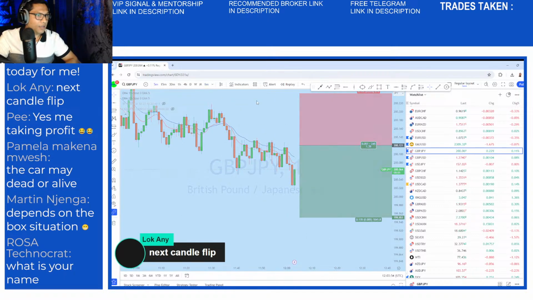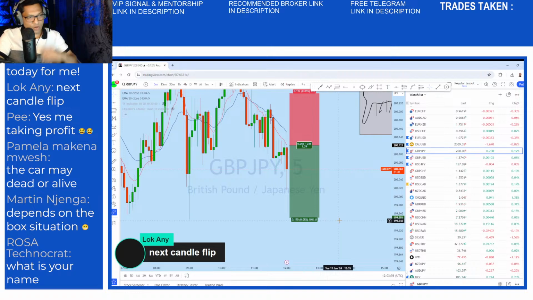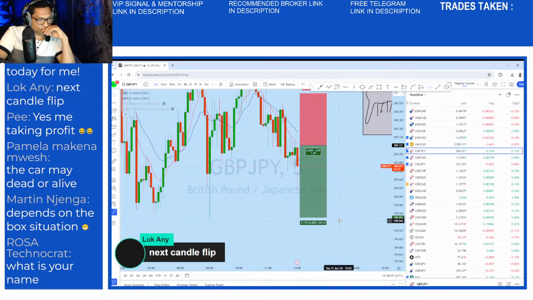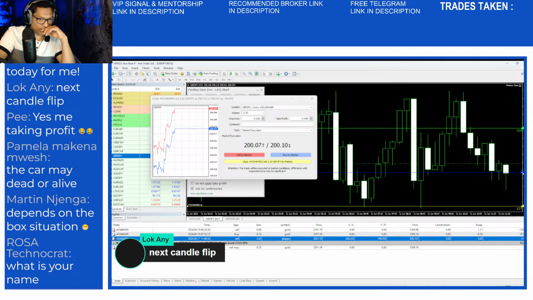Oops, it's pushing high again. I want to see that it's breaking below. The last moment is a deeper pullback. It's coming back.